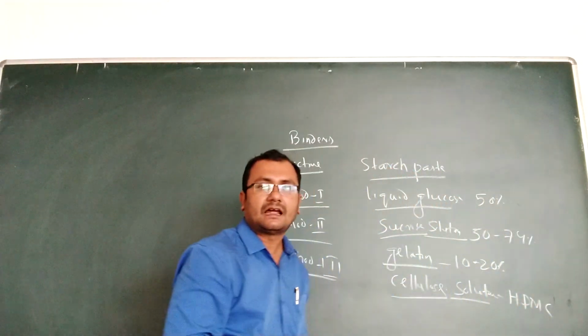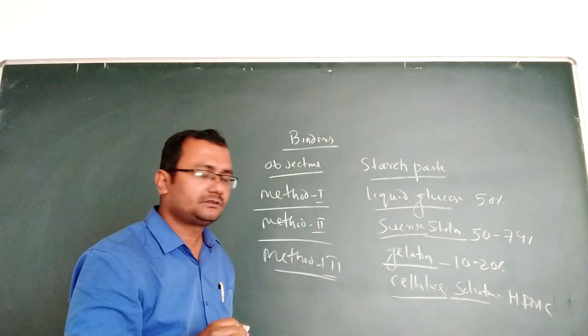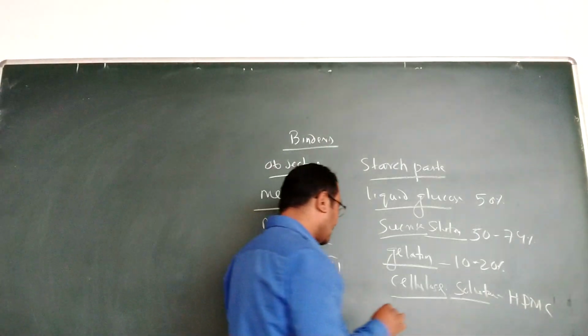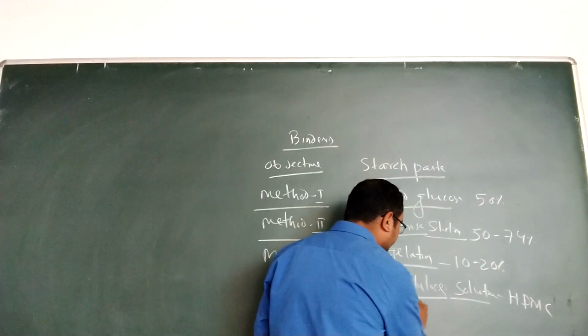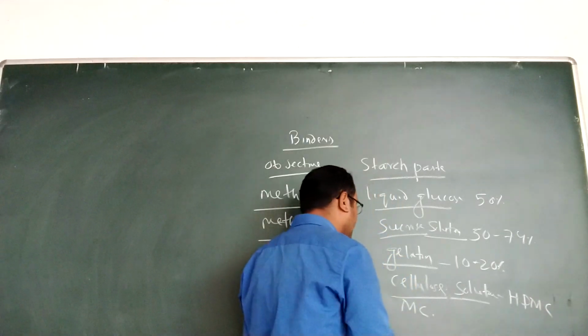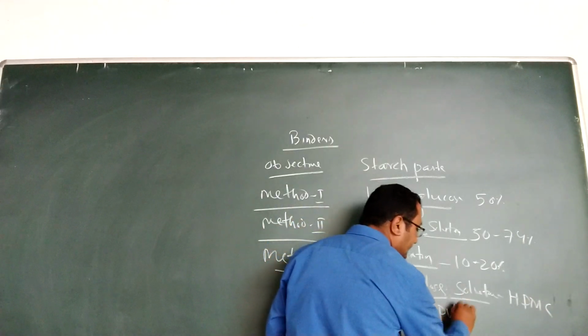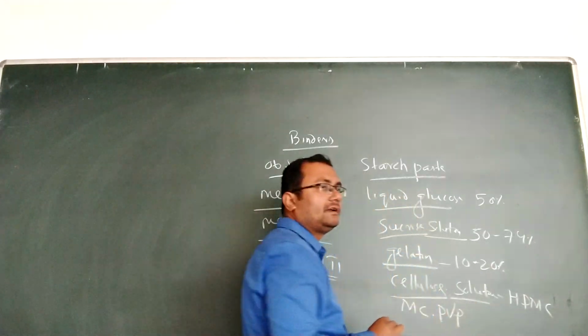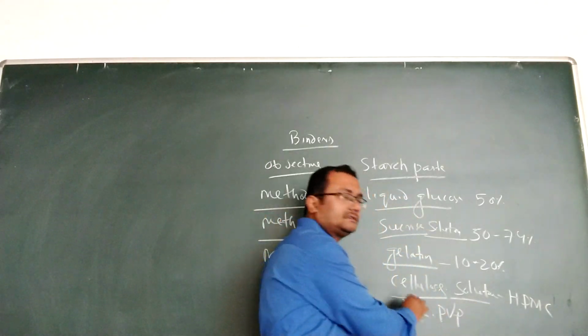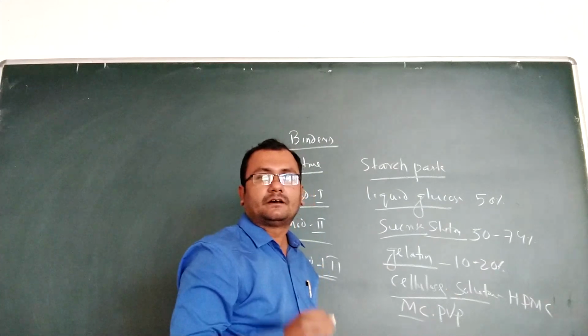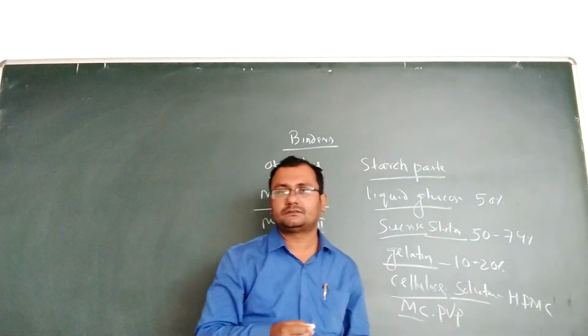HPMC, hydroxypropyl methyl cellulose, or we take MC, or we take PVP, polyvinyl pyrrolidone. MC means methyl cellulose.